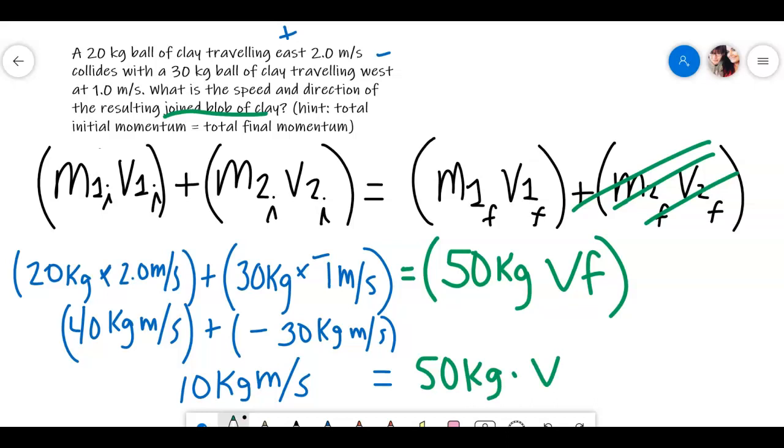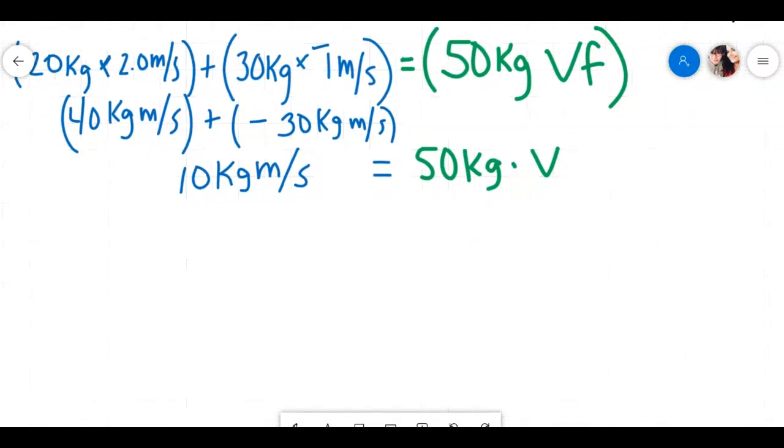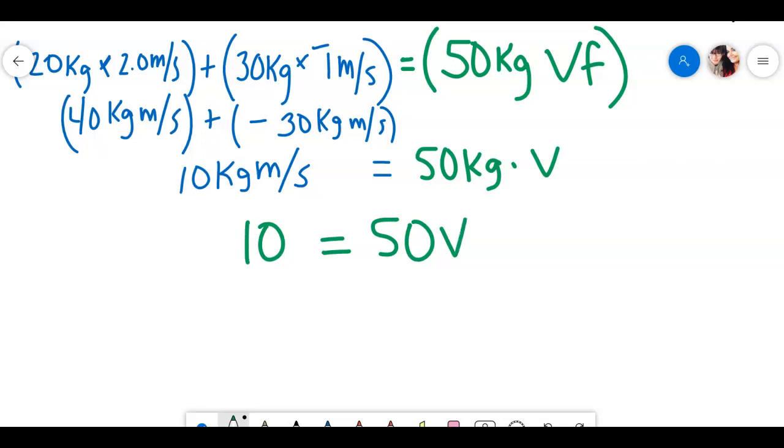To solve for v, it's just a matter of using a little bit of algebra here. Okay. Let me simplify this without the units just to show you guys what we have. We have 10 equals 50 v. So I took the units out just to simplify it a little bit. So we just divide both sides by 50, right?